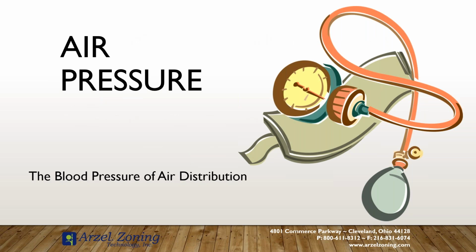So our air pressure is the blood pressure of our system, and that really gives us the heartbeat of what it is we're working with. And we want to be able to show the customer tangible improvements, and the only way we do that is by measuring performance before and then measuring performance after, and then we can show them the difference that our improvements have made to them.